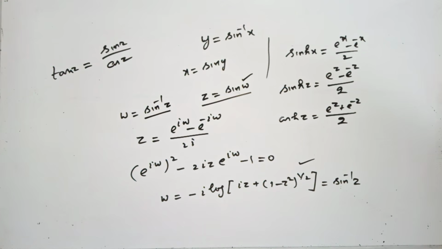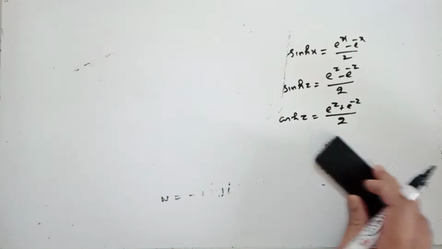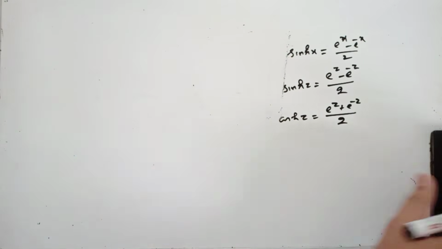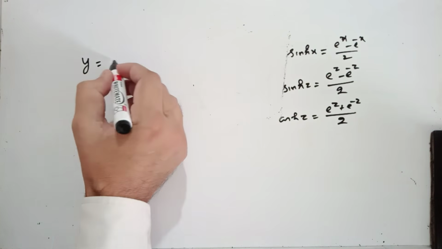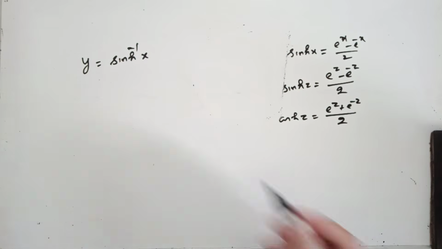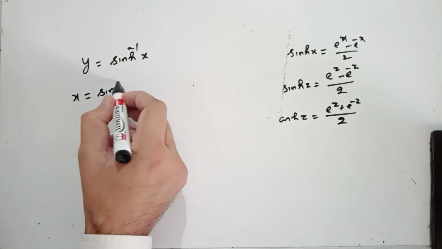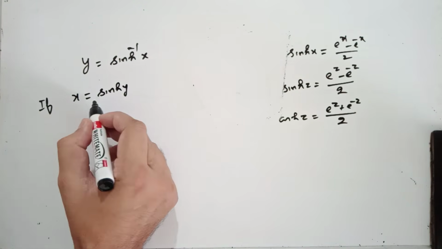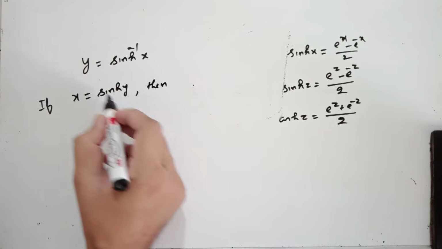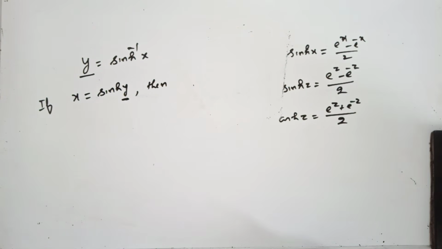Then you can define inverse hyperbolic functions. Again, how do you define inverse real hyperbolic functions? Say y equal to sine hyperbolic inverse x. We'll follow the same for complex. If x equal to sine hyperbolic y, then y defines inverse hyperbolic sine of x.